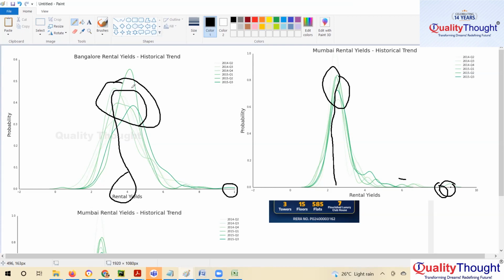Like 5, 10, 15. After 5, you have 5.5. Between 5 and 5.5, there's no value. So you will get a step like this.